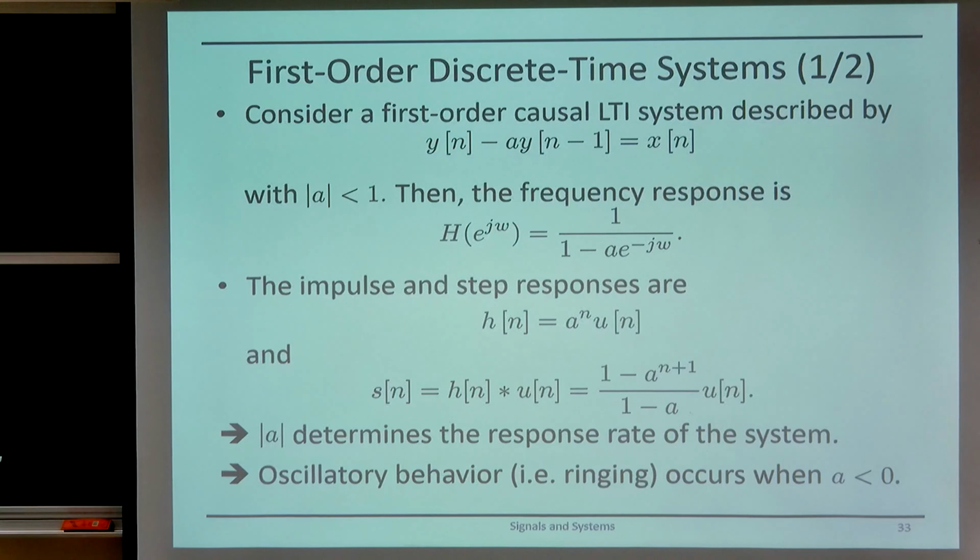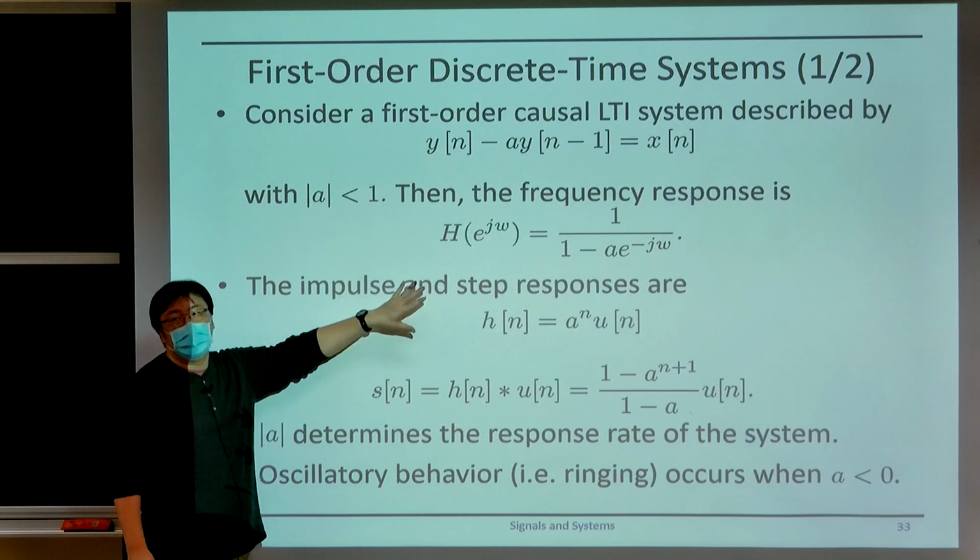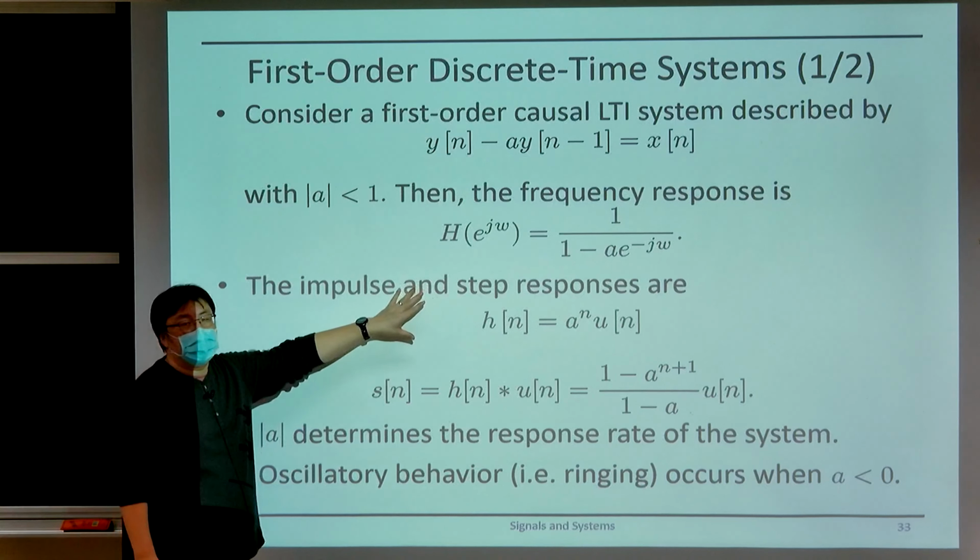Now, what's different from the continuous time case is that, for first order systems in the continuous time case, you always have these monotonically decaying exponentials. Okay, you do not have oscillating behavior in first order systems. But in discrete time, you actually may have this oscillating behavior if your factor A is less than 0.